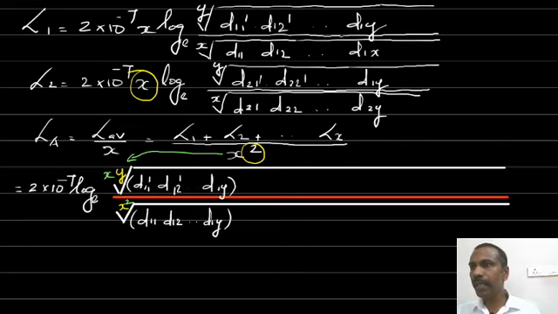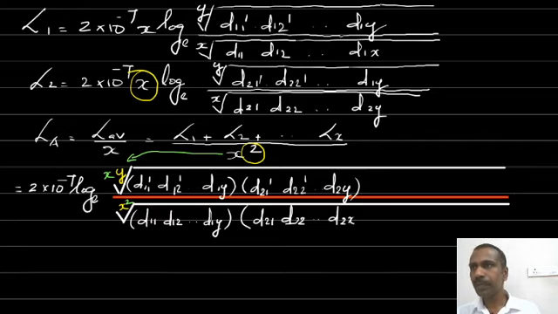These are the terms for the inductance L1. Then what are the terms for inductance 2? It is d21 dash, d22 dash, etc. up to d2y. And the denominator is d21, d22, etc. up to d2x.